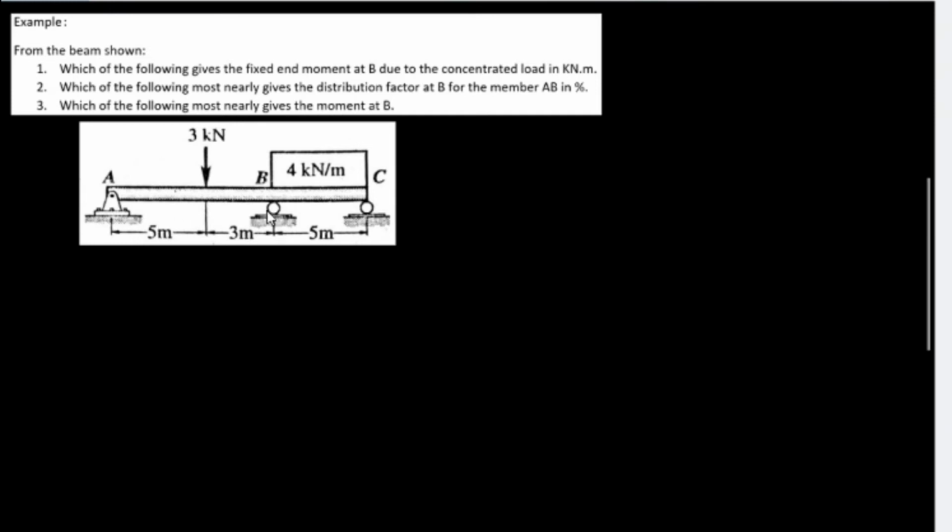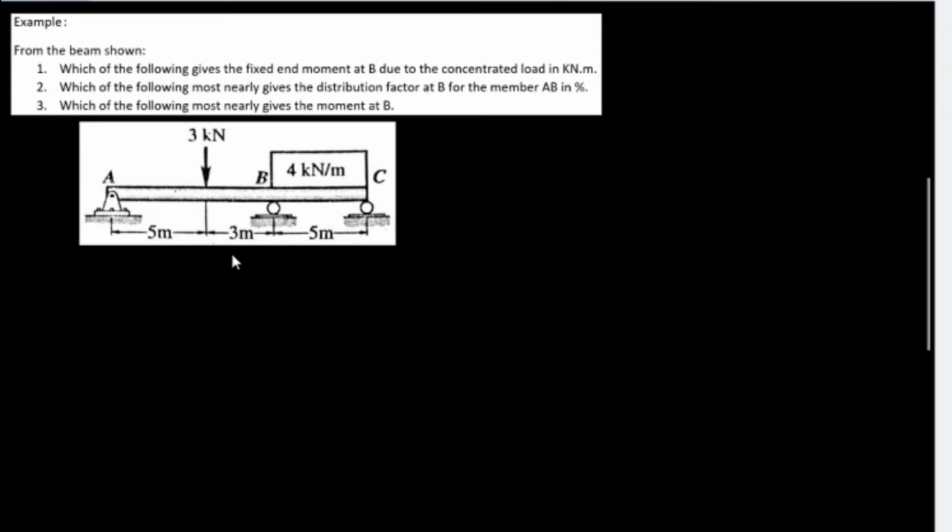From A to B, we have a concentrated load of 3 kilonewton at a distance of 5 meters from A and 3 meters from B. And from B to C, a uniform load of 4 kilonewton per meter with a span of 5 meters.